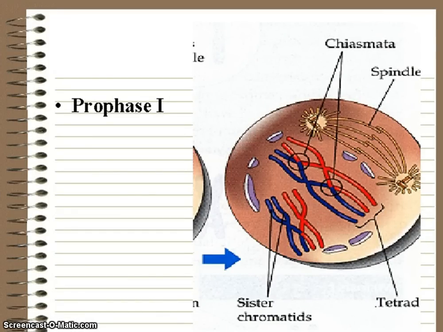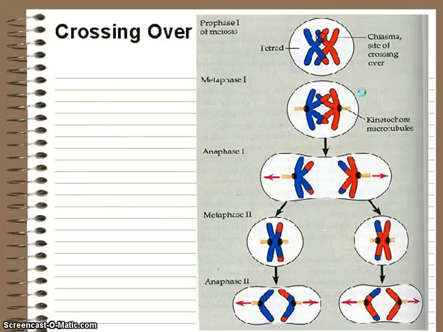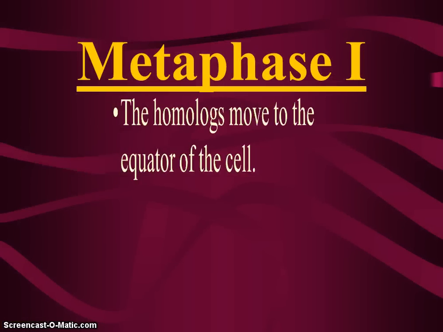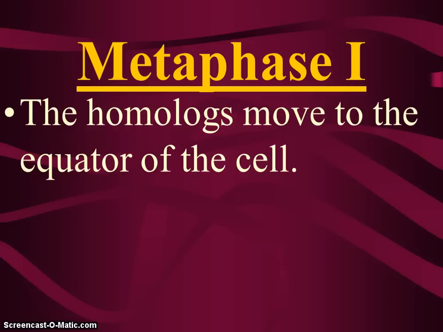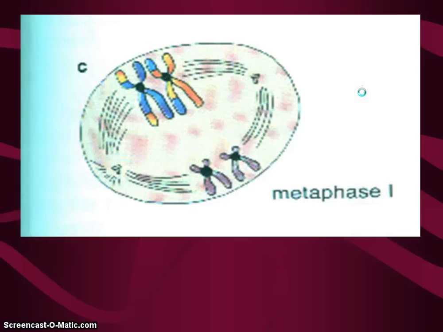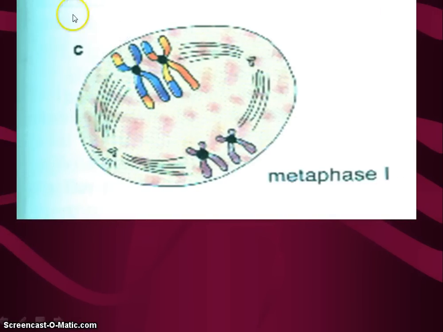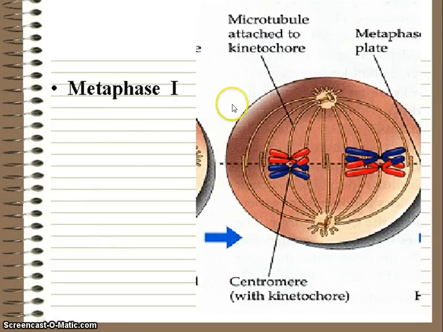So after prophase comes metaphase. Metaphase 1 is very similar to metaphase of the cell cycle or mitosis. However, it's the homologs that line up at the middle of the cell, not the individual chromosomes with their centromeres. It's the homologs. So if you look here, this is where we have our division, or the metaphase plate.